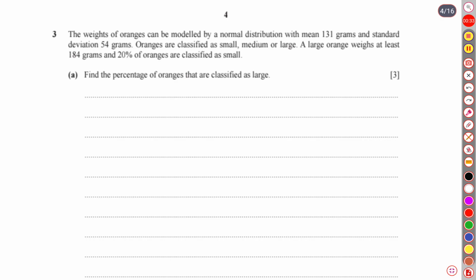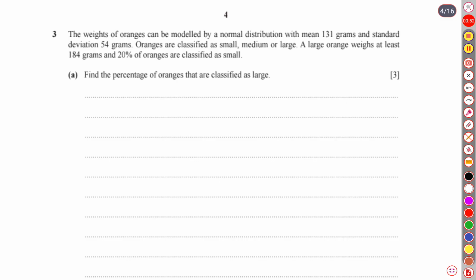Oranges are classified as small, medium, or large. A large orange weighs at least 184 grams, and 20% of the oranges are classified as small. Question (a) says find the percentage of oranges that are classified as large.